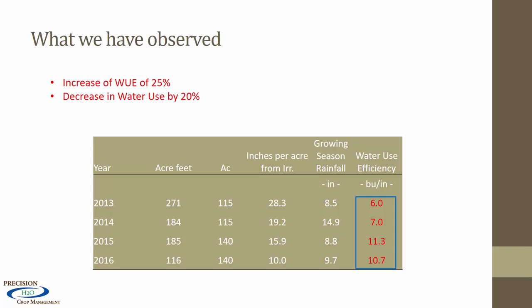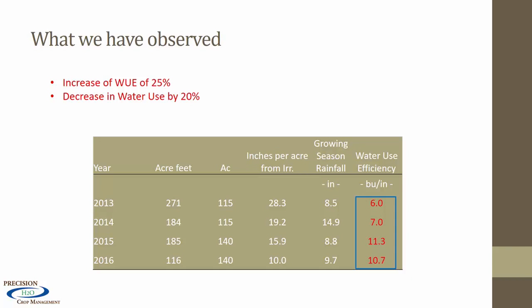You can see the water use efficiency is 6.0 and 7.0 bushels per inch. That's how most people define water use efficiency: how many bushels of grain you are getting per inch of water received. And that's both irrigation and rainfall that go into that calculation.